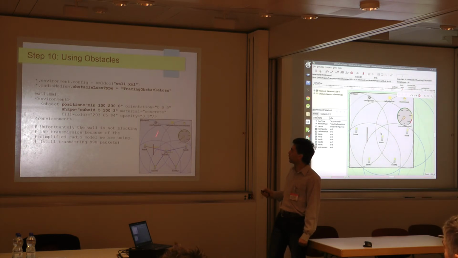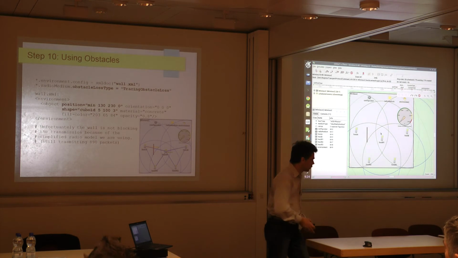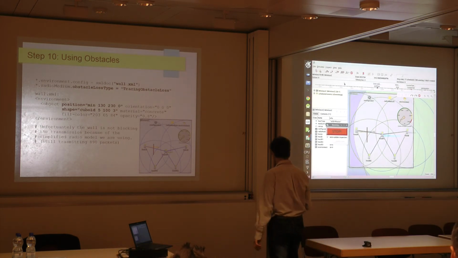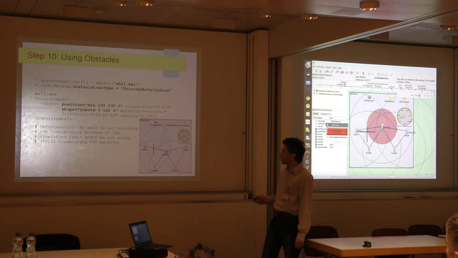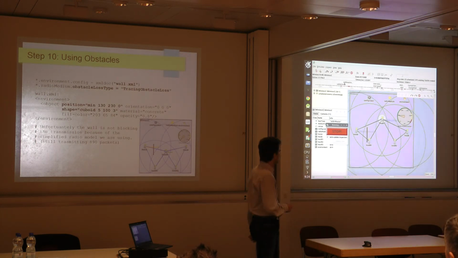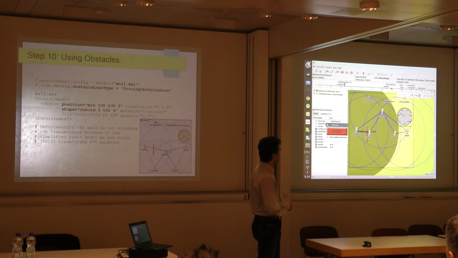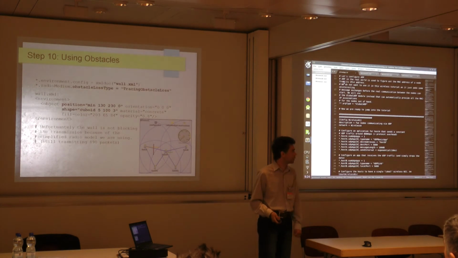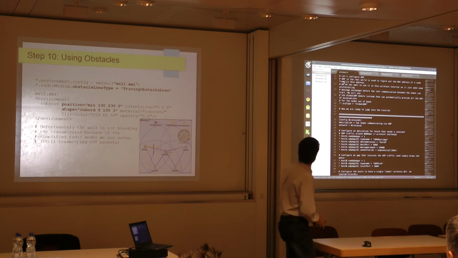We have an XML file describing the actual objects here, the positions, shape, and so on. So if we start the simulation, then we will realize that nothing has changed, and the nodes just easily communicate through the wall.